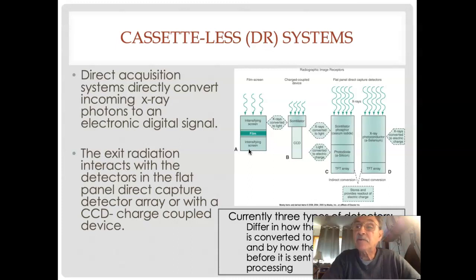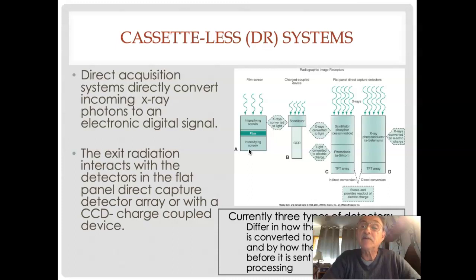So flat panel direct capture, we have an indirect process and also a direct process. As I said, the far right, that is X-ray photoconductor. That's the amorphous selenium. Notice that there's no photodiode in there. It's just immediately converted to an electrical charge. With the indirect system of DR, we have a scintillator, or look at the term photodiode.